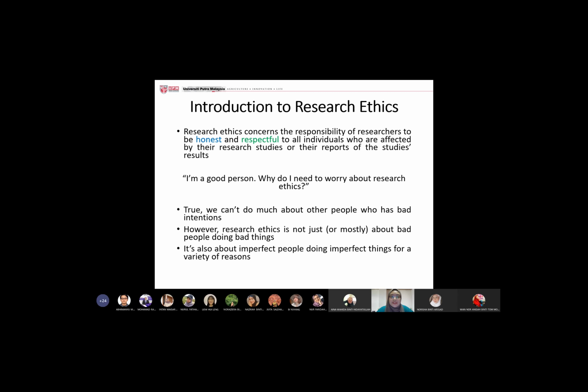So people will say, I'm a good person, why do I need to worry about research ethics? Yes, true. We cannot change other people. We can only look at ourselves. Okay, we have our own moral conduct. Okay, and research ethics is not just about bad people doing bad things.